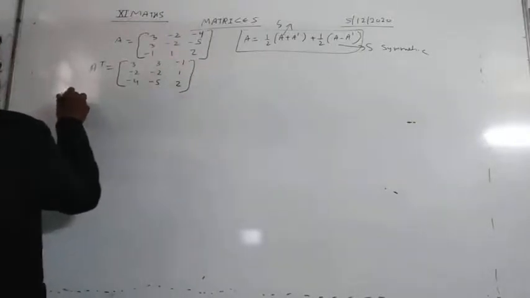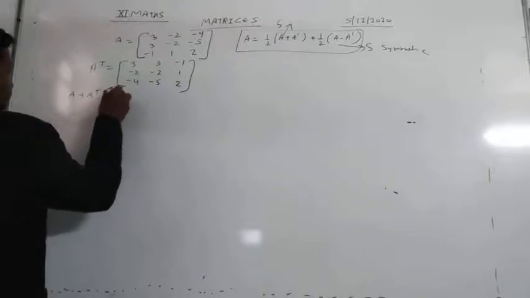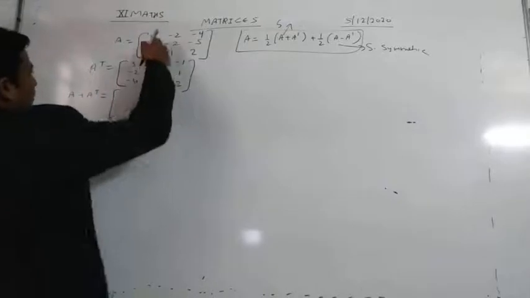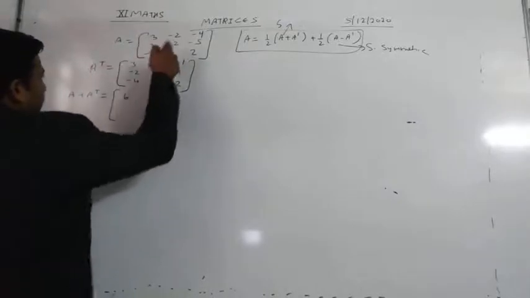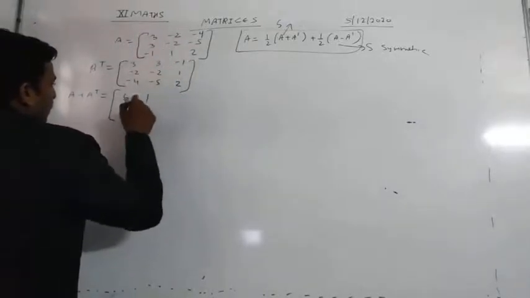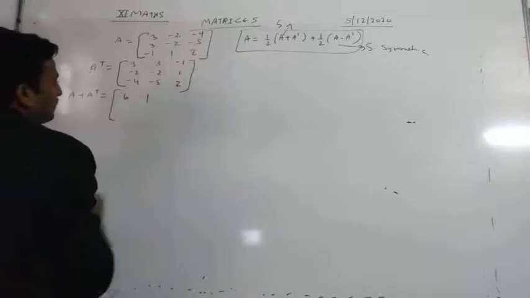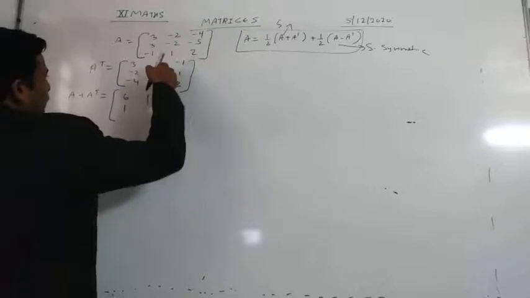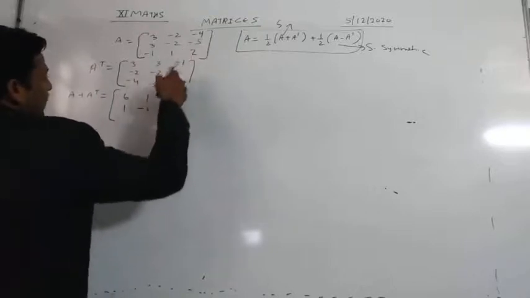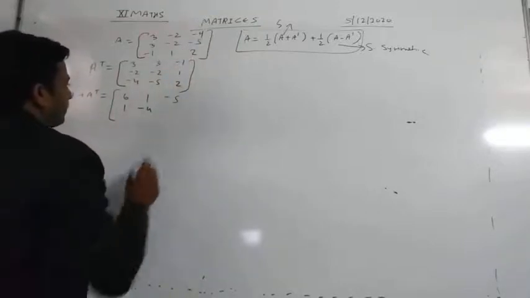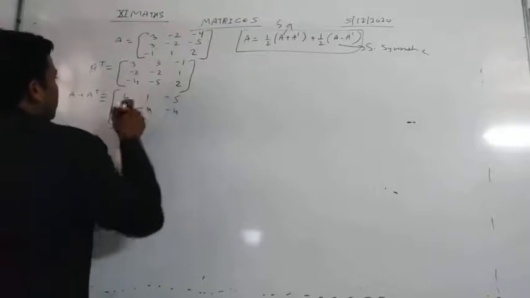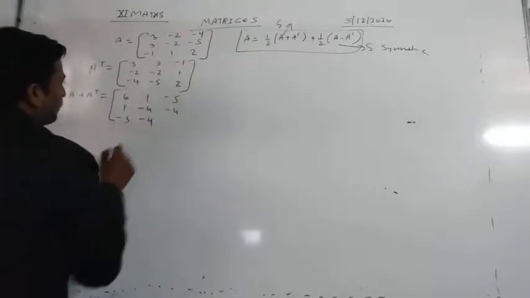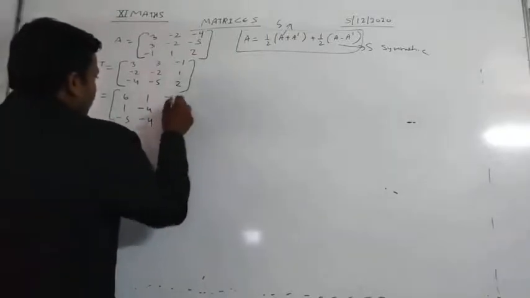Now the sum of these two will be 3 and 3, 6; -2 plus 3, 1; -4, -1, -5; 3 and -2, 1; -2, -2, -4; 5, -5 plus 1, -4; -1, -4; -5 plus 1, -4; and 2 and 2, 4.